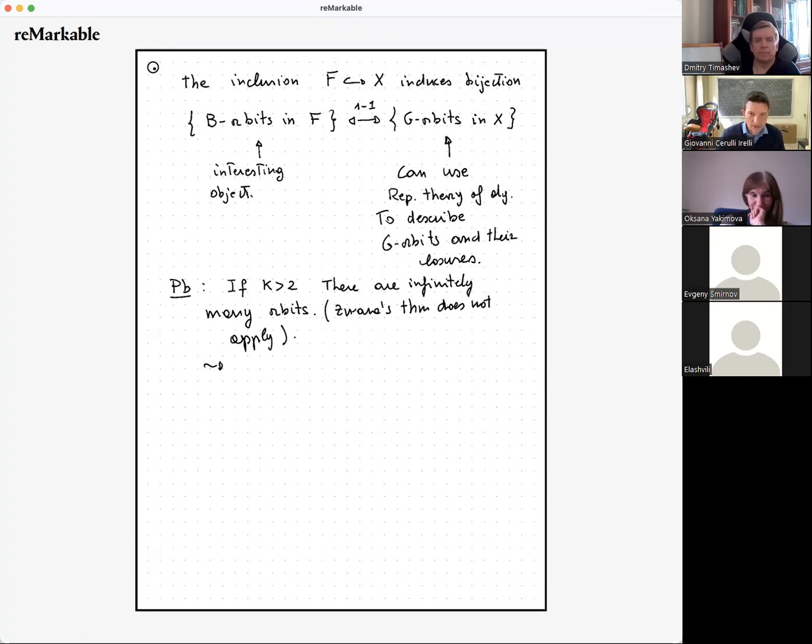To get the power of this tool, we need to assume that K is 2, which is already an interesting variety to study.